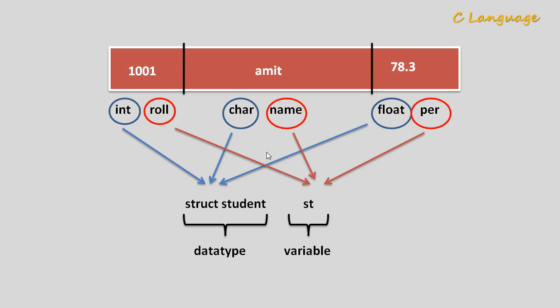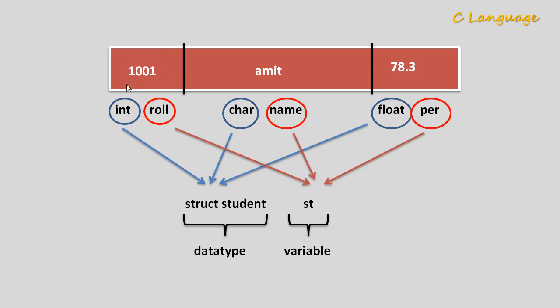Within st, these three things are encapsulated, or wrapped up. So the data types int, char, and float have a common name, struct student, and the variables roll, name, and percentage have the common name st. This is the data type name, and this is the variable.